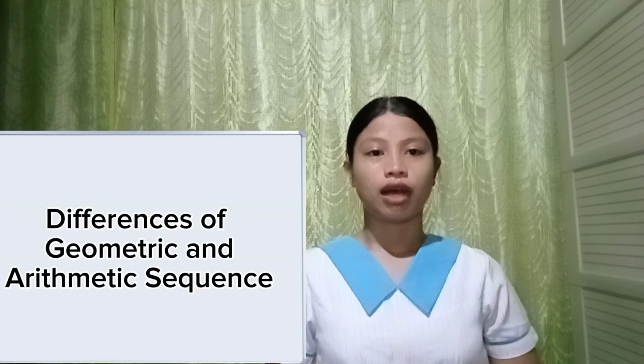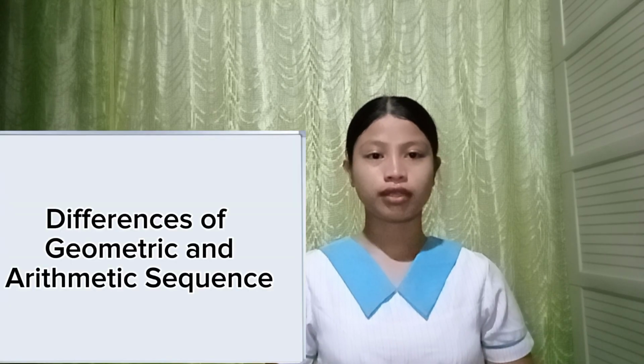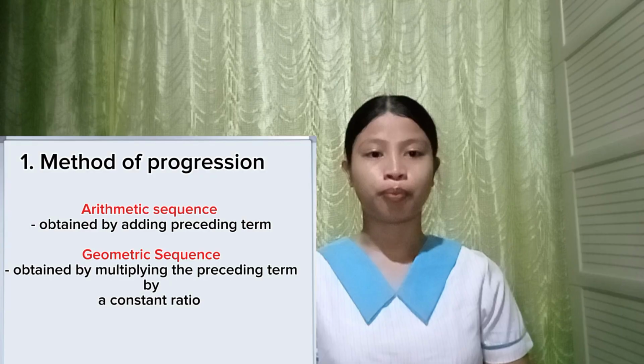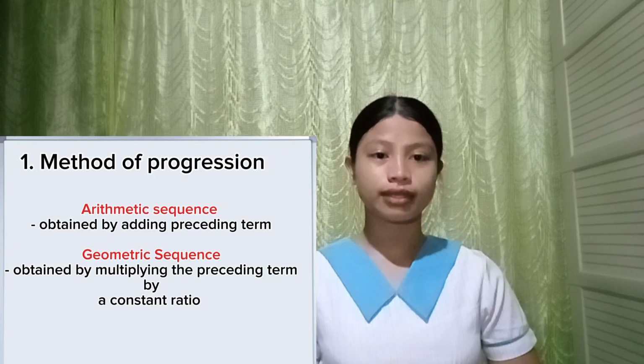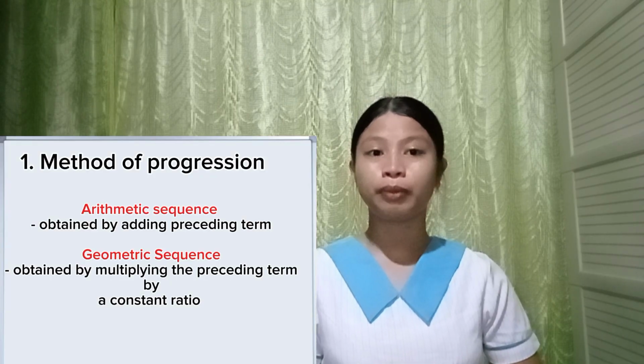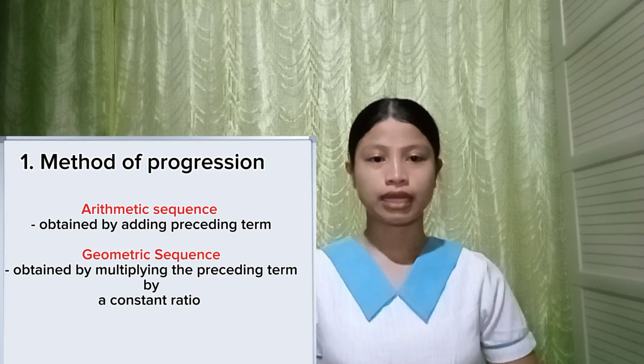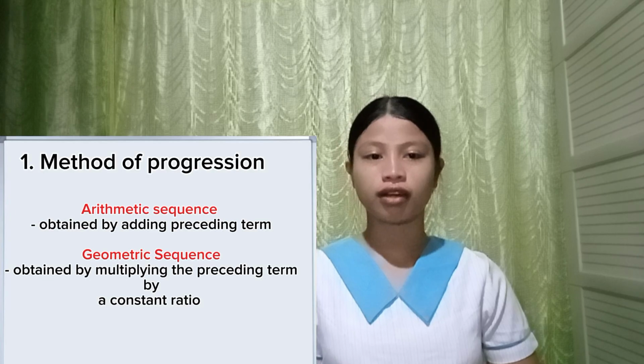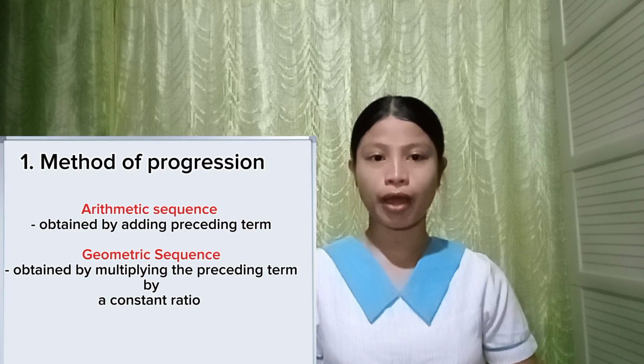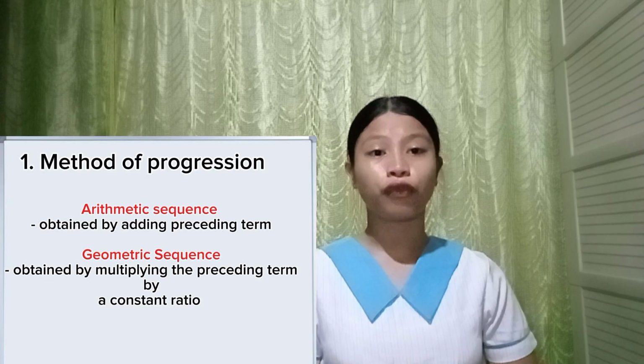So, let's have the differences of arithmetic and geometric sequence. Arithmetic and geometric sequence are types of sequence, but they have distinct characteristics. So first, in the method of progression. Sa arithmetic sequence kasi, each term is obtained by adding a constant difference to the preceding term. Nagcreate ito ng linear progression where the sequence develops in a uniform manner.